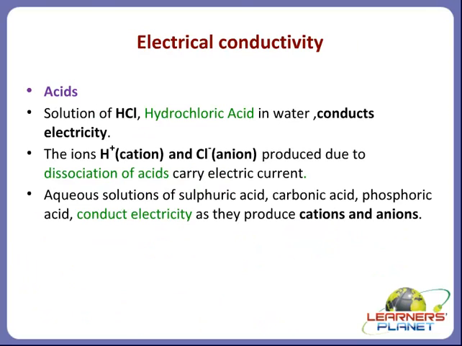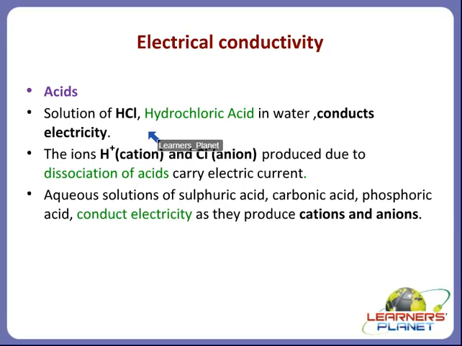Now we will see about the electrical conductivity. Electrical conductivity means the substances which can carry electric current are called what? Electrical conductors. Say acids. Your solution of HCl, that is hydrochloric acid in water, conducts electricity. Now why is it conducting electricity? There is a very simple thing, students, which you might be knowing, that the electrons, or the charged particles, are the electrical conductors.